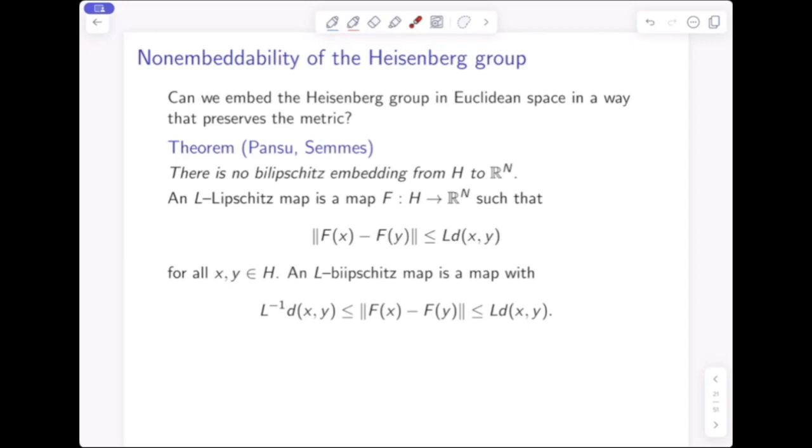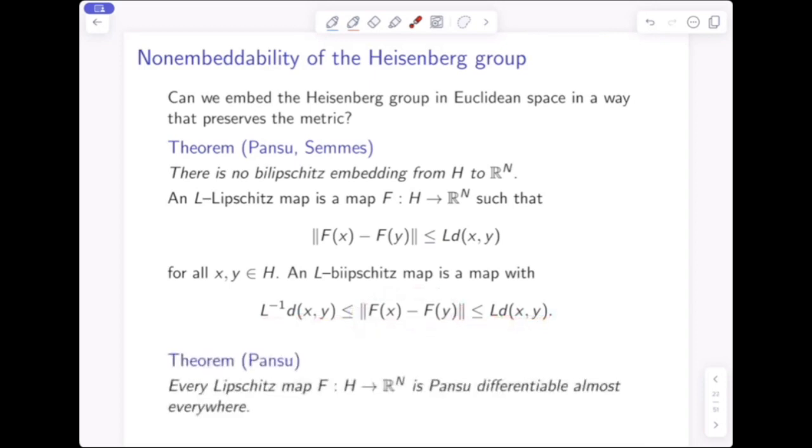So Pansu and Semmes showed that there's no bi-Lipschitz embedding from the Heisenberg group to R^n. There's no map that preserves distances up to a constant factor L. And this theorem is based on a result of Pansu, that every Lipschitz map from the Heisenberg group to R^n is what's called Pansu differentiable almost everywhere.